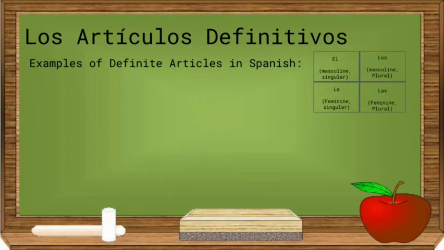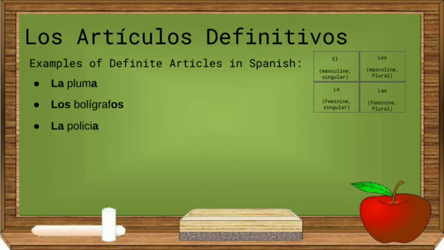Los artículos definitivos, so some examples of definite articles. La pluma, the pen. Los bolígrafos, the pens. La pluma and el bolígrafo, they are both words for pen. Both could work. You'll also find in Spanish that there can be 2 or 3 different types of words for one thing.